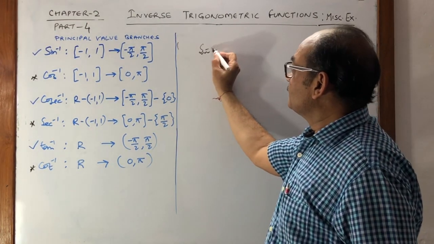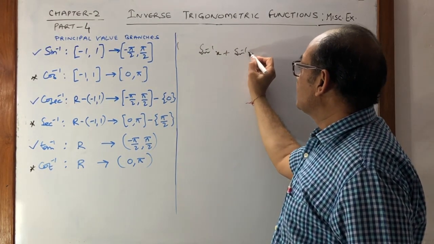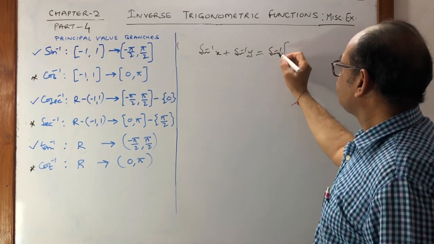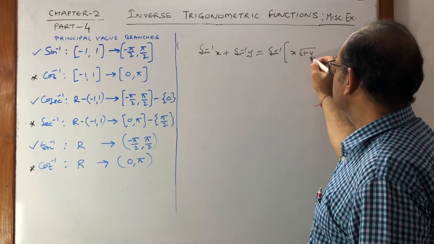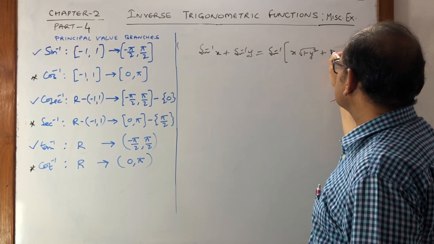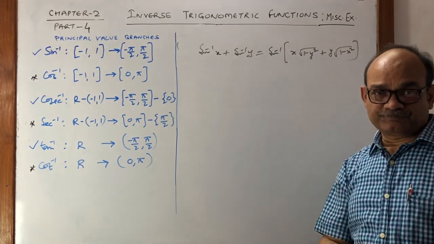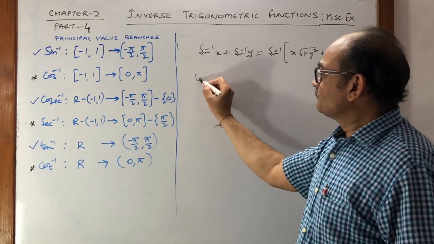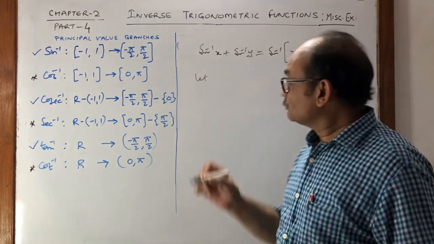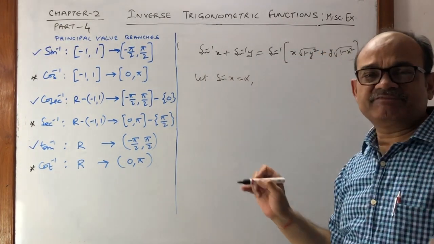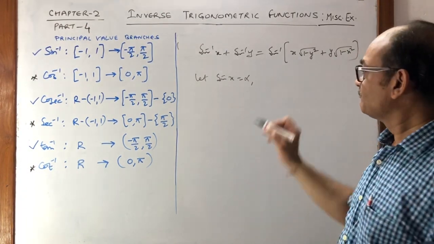First we want to derive sin inverse x plus sin inverse y. What will be the formula? x root 1 minus y square plus y root 1 minus x square. This we want to prove. Suppose sin inverse x equals alpha, same as what we derived in tan inverse x plus tan inverse y.